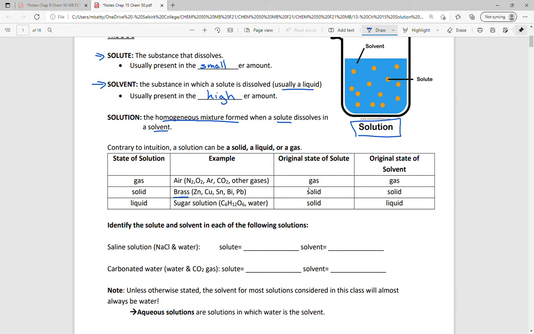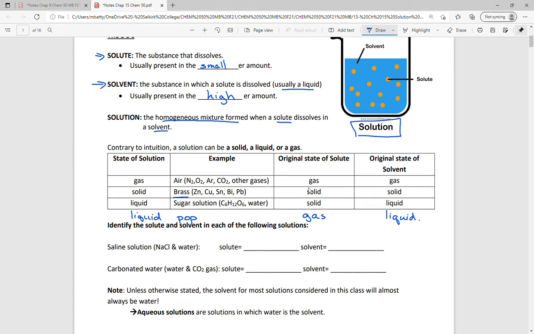We have the different states of the solute and the solvent. We can also have a gas dissolved in a liquid. This is the case of a carbonated beverage. Under pressure, that gas stays dissolved in the liquid, and so that is another liquid solution. An example of that might be a pop.